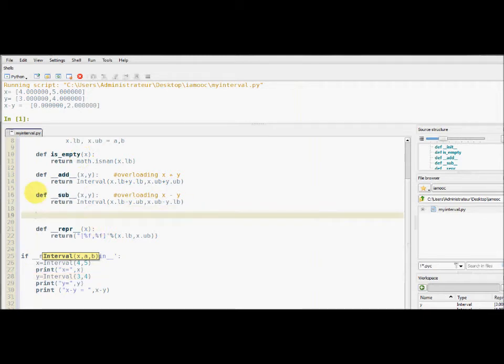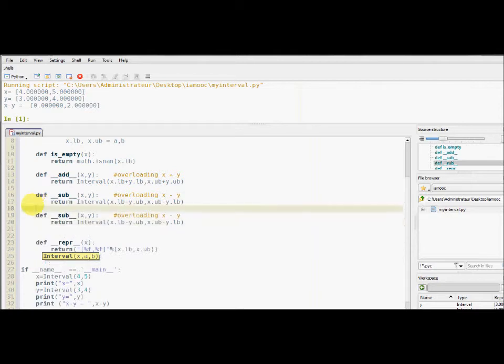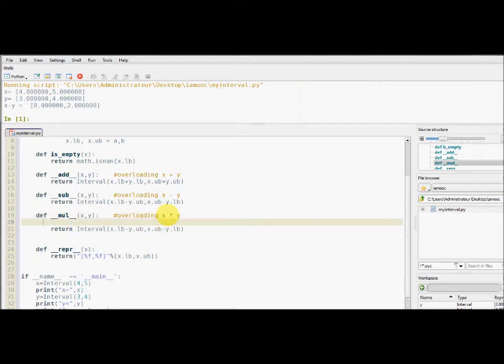I will also do the multiplication, so subtraction, the multiplication. So for the multiplication, I will build a list with all products.